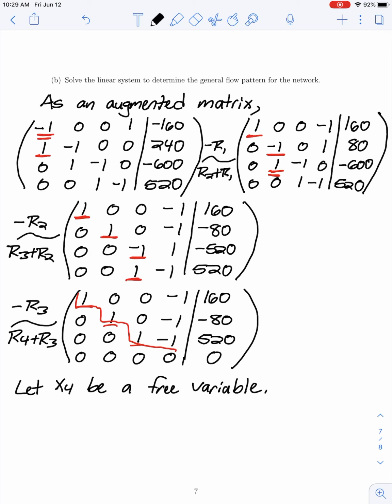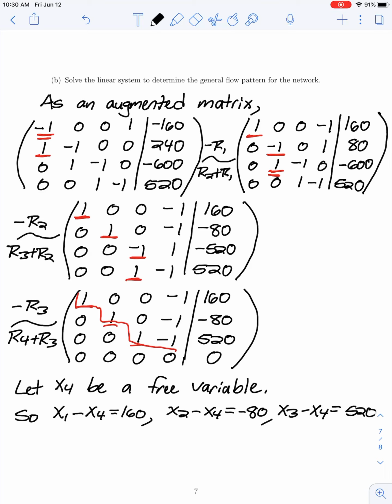Now to solve for our other variables in terms of this free variable, we can look back at our previous rows. So using the first row, we find that x1 minus x4 has to be 160. Using the second row, we have x2 minus x4 is -80. And for our third row, we have x3 minus x4 is 520.